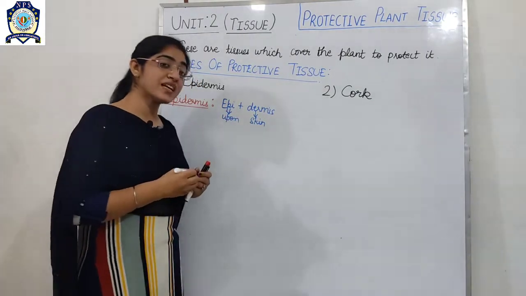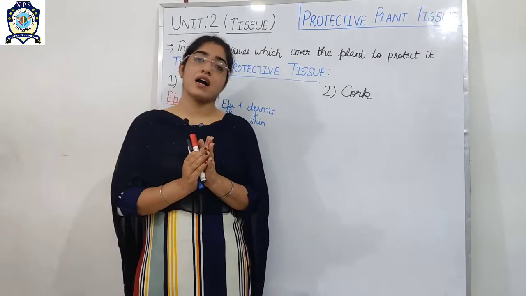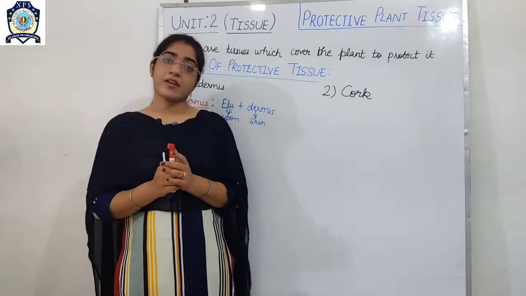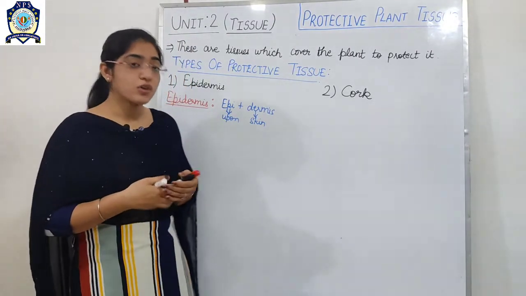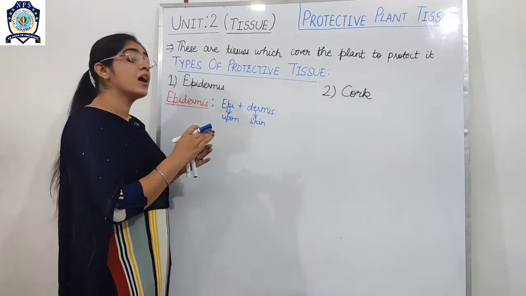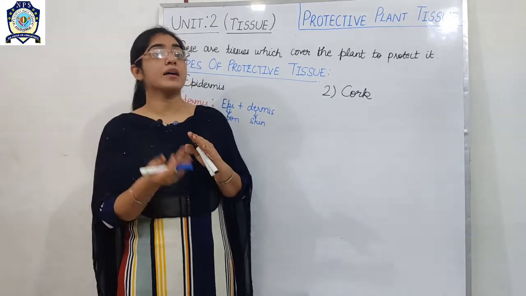So you can say that epidermis is the skin of the plant. We can say that epidermis is the outermost layer of the plant part.